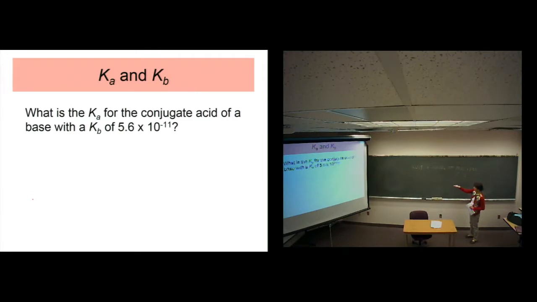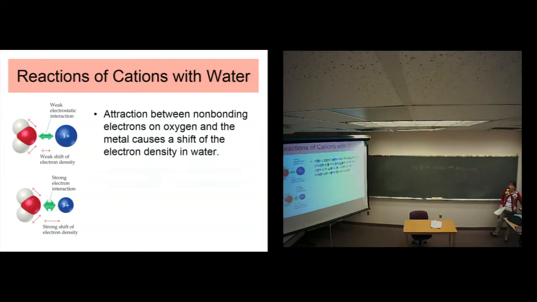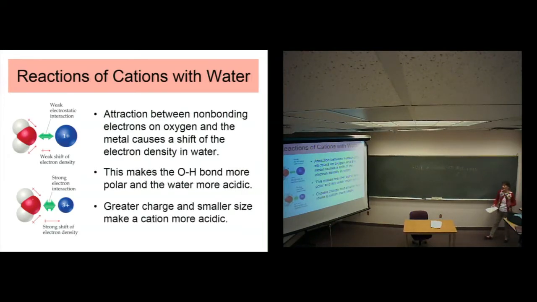How does that affect the acidity? Let's go back to cations. You remember how we said that if you dissolve a cation in water, some cations, which are large and have a low charge, draw the electron density toward them, but not strongly enough for the hydrogen ion to easily leave.